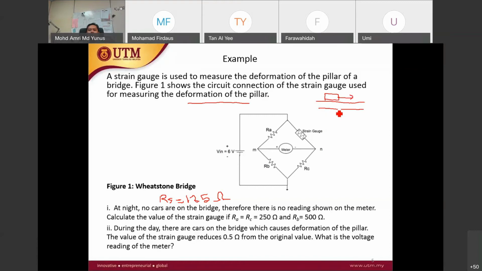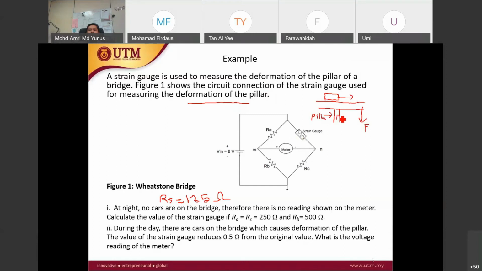So it creates a force, and then there's a support on the bridge. So to measure the deformation of the pillar, a strain gauge is used.